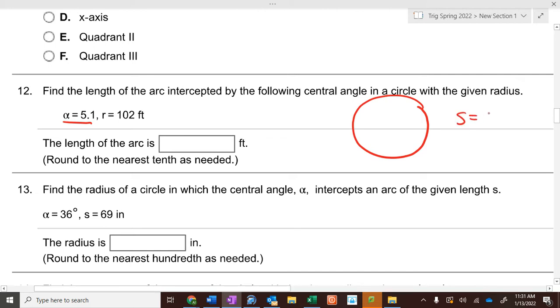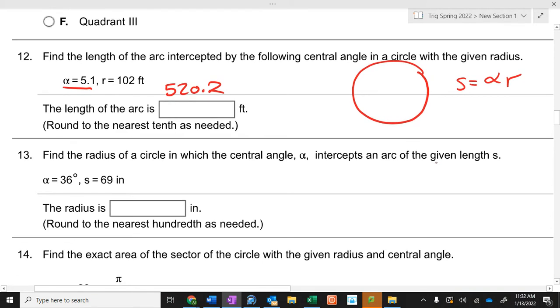Arc length equals that times that. The angle times the radius. So take 5.1 times 102. Rounded to the nearest tenth, 520.2. Actually, there's no rounding on that one because it worked out to be exactly that. Okay?